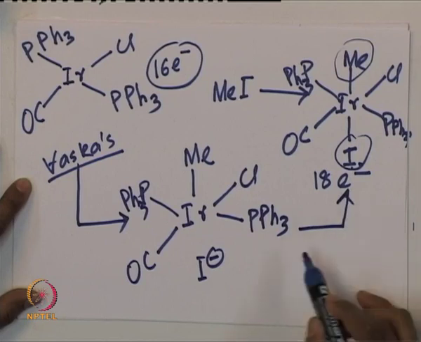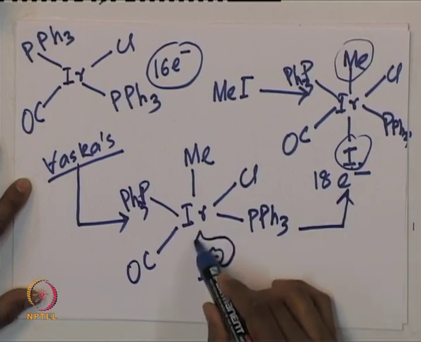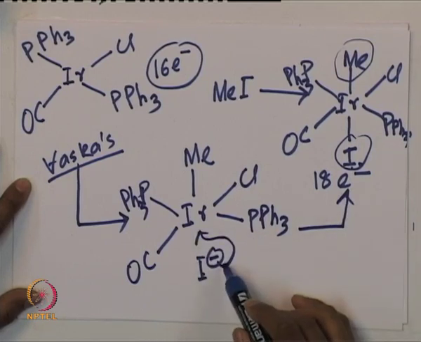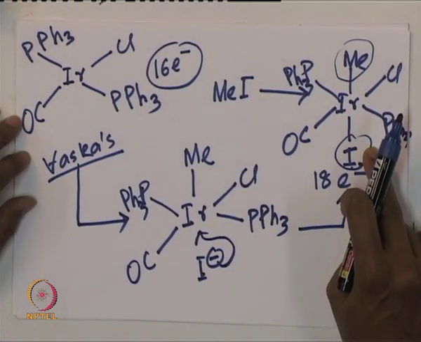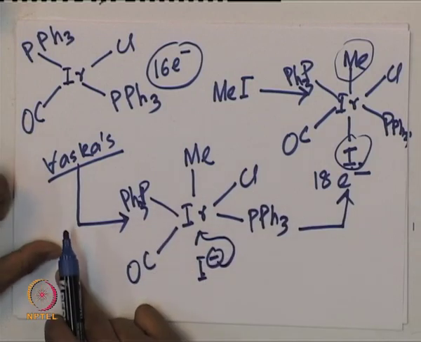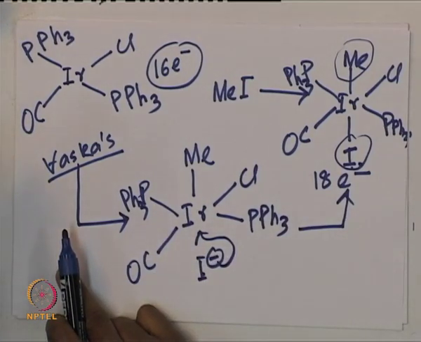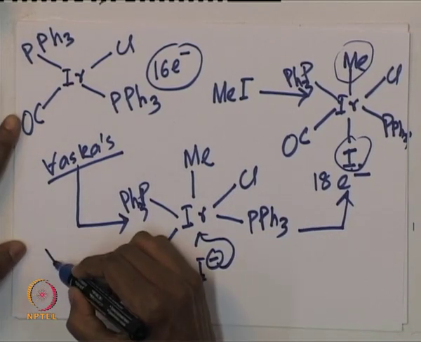This iodide will then bind with the iridium to give the final 18 electron complex.